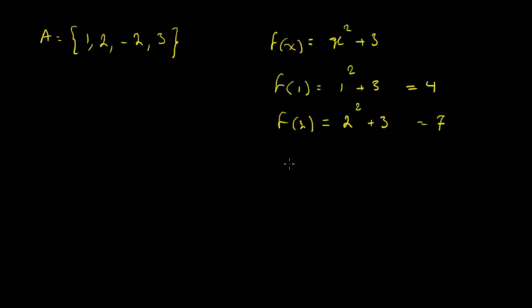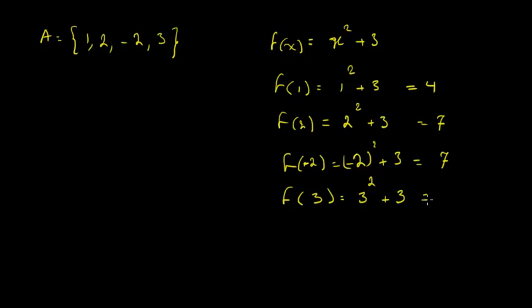If we put -2 into the function, then we'll have -2 squared plus 3, which is 7, because -2 times -2 is 4. If we choose 3 and put it into the function, we'll have 3 squared plus 3, and we'll have 12.